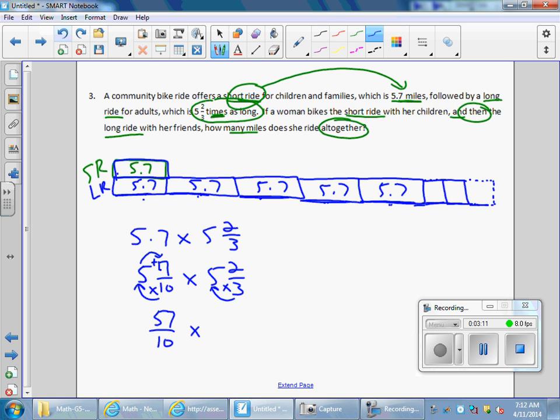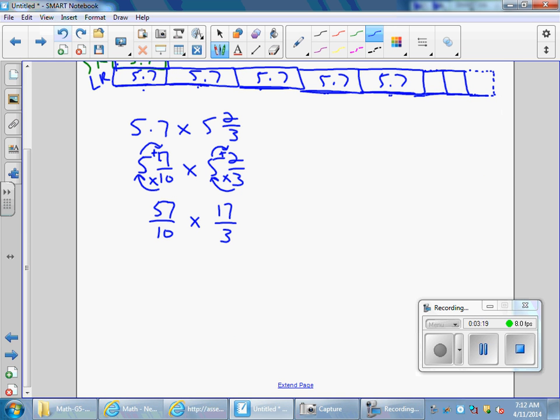So we have 57/10, which was 5 7/10, times 17/3, which was your 5 2/3. I'm going to look to cross simplify, and I could see that 3 goes in evenly to 57.